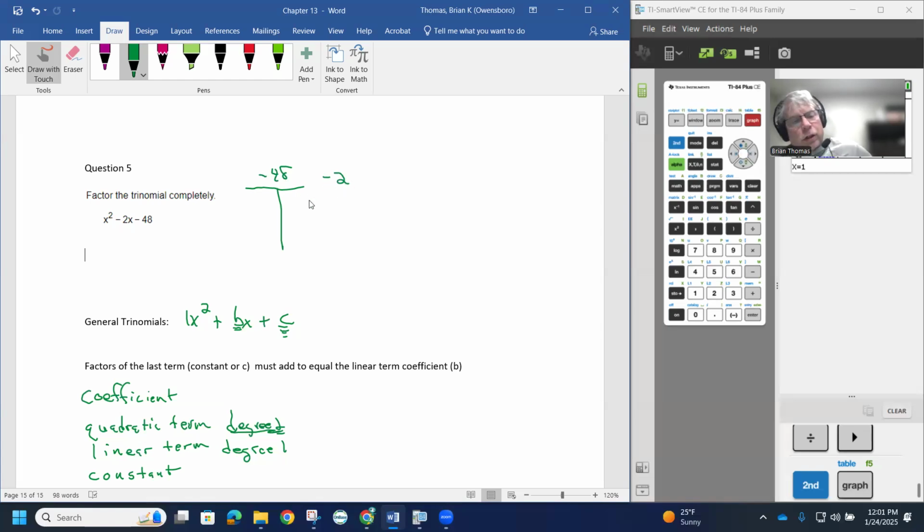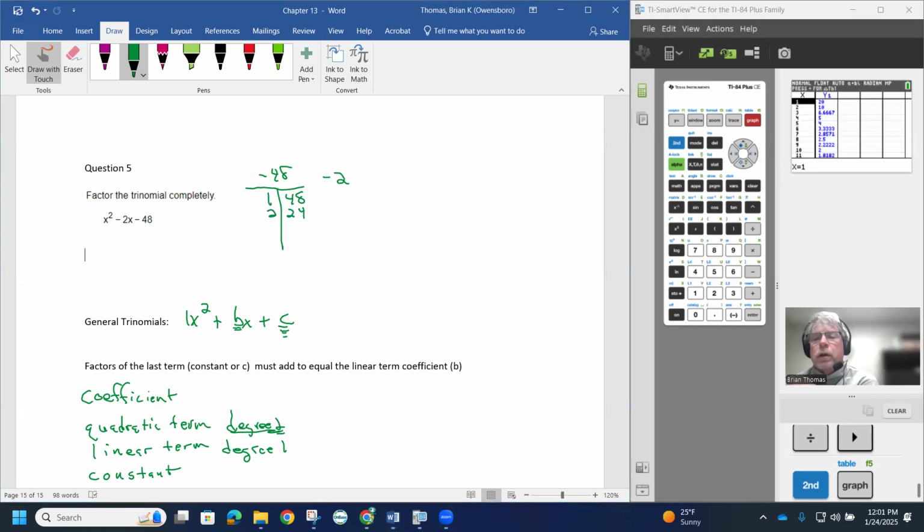So again, you can just ignore the negativity and just do the factors of 48 without using the negative and just think, well, 1 times 48, 2 times 24. Is 3 a factor of 48? Not really sure. So I can just use my calculator. I don't have to do the table necessarily.